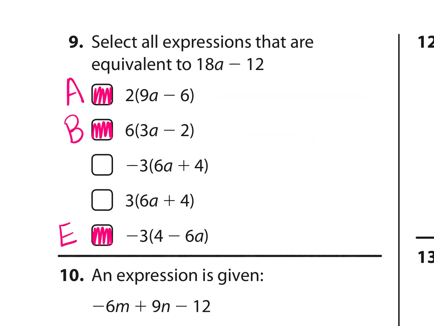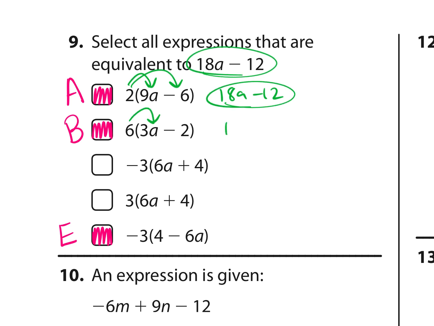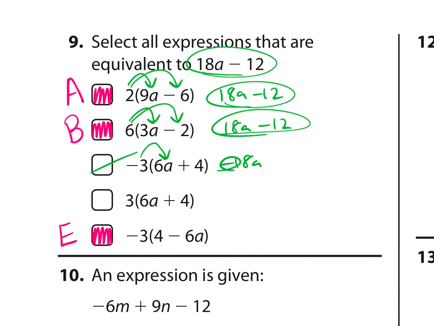Number 9, we'll just go through and simplify each answer choice. The first one, distributive property, gives us 18a minus 12, which matches this. Choice B gives us 18a minus 12 once again. C gives us -18a. At that point, it's a different sign for the a term, so it's not correct.